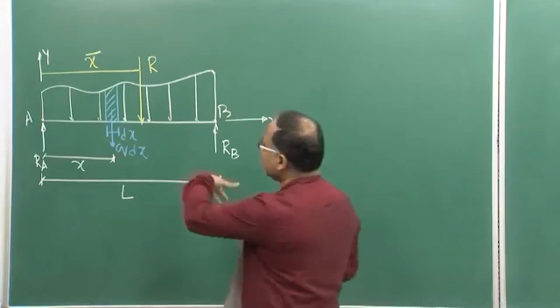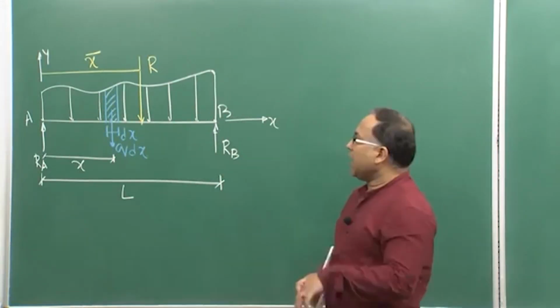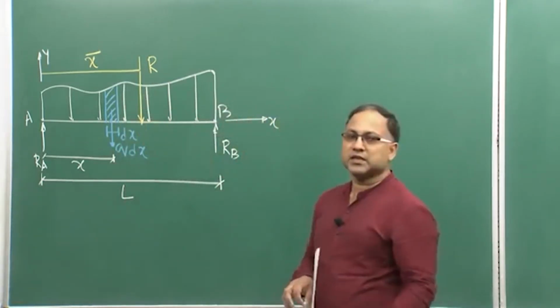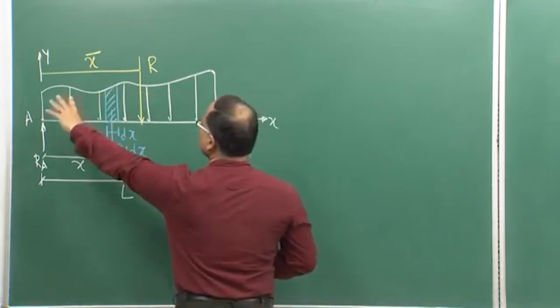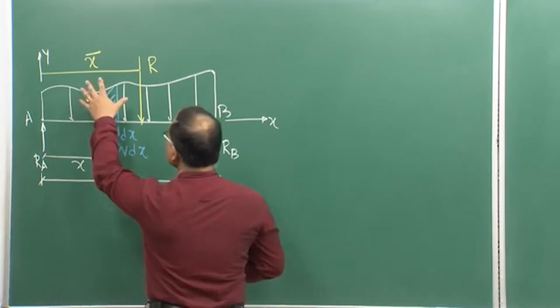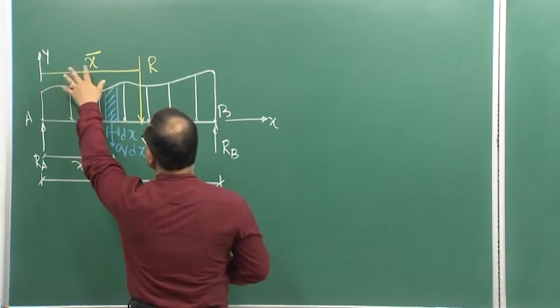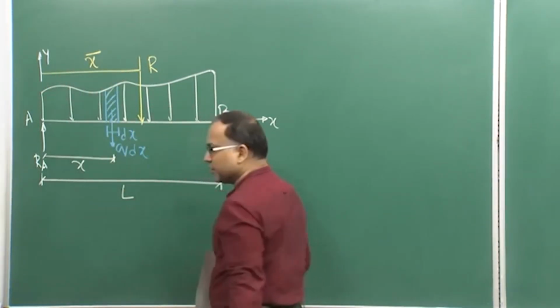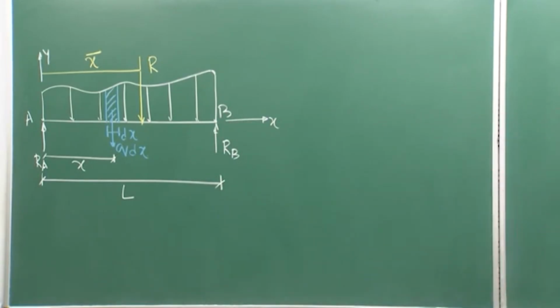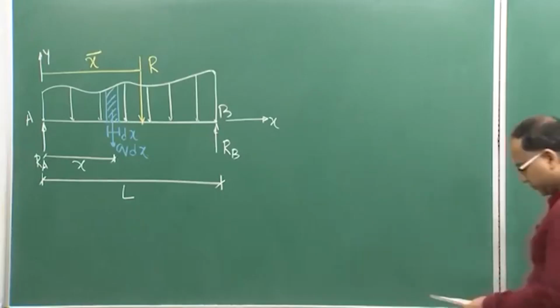So, instead of doing that much complicated thing, I can simply consider this resultant R of this whole distribution, and the distance of this resultant from the y axis, which is x bar. If we can calculate these two things, that will be well enough to find out the support reactions RA and RB, instead of considering the distributed load. Let us do that.